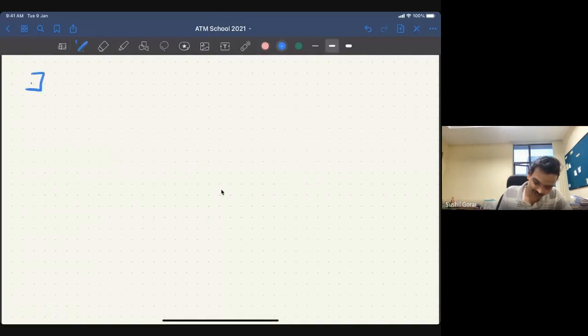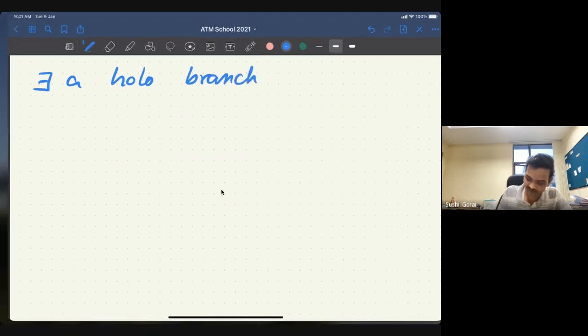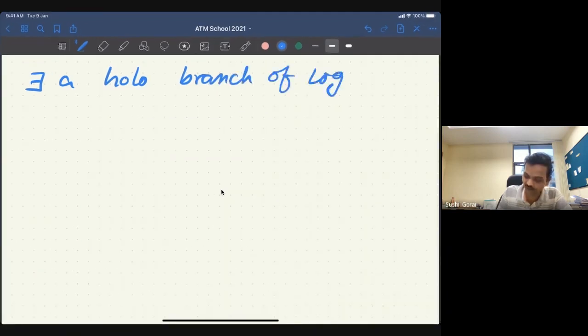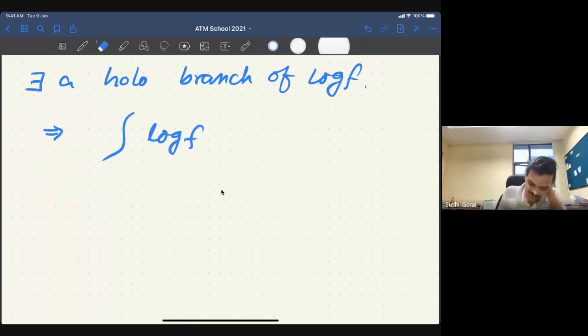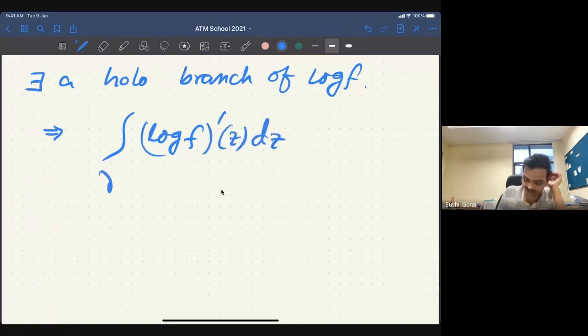So there exists a holomorphic branch of logarithm log f. Now this implies the integration of (log f)' = f'/f, dz over gamma, is 0, right?